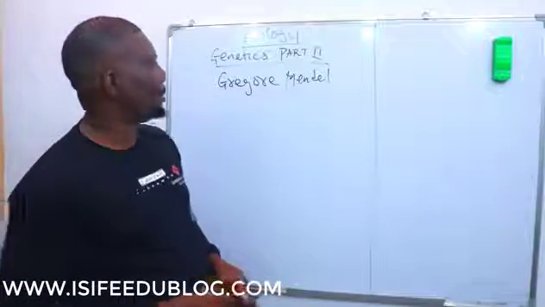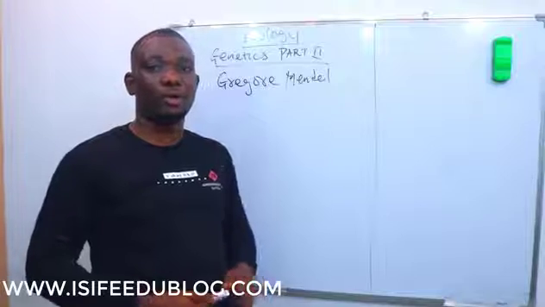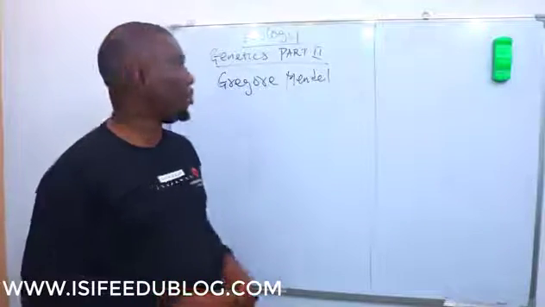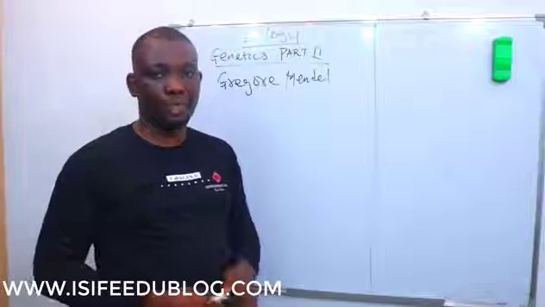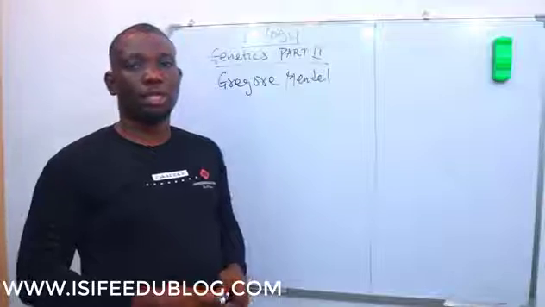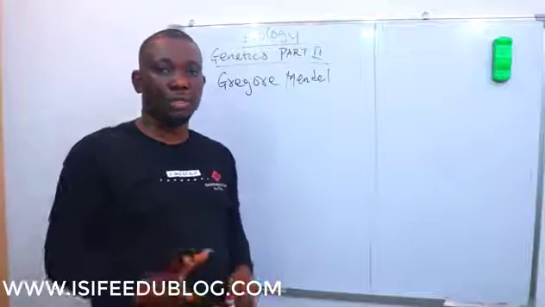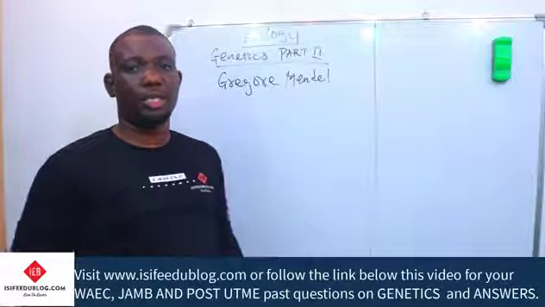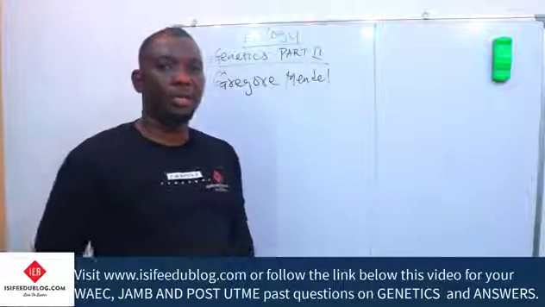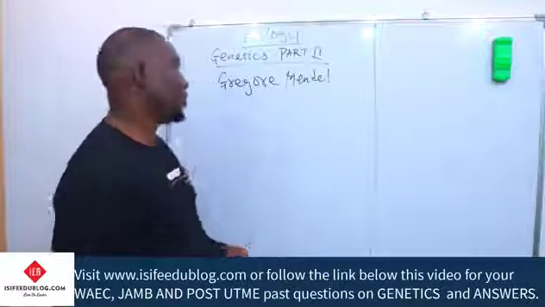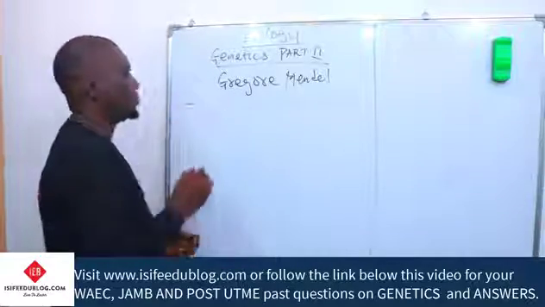This man is referred to as the father of genetics due to the useful work he did in the field of genetics. This man put forward 3 principles that explain the mechanism of heredity. He put forward these 3 laws as follows.